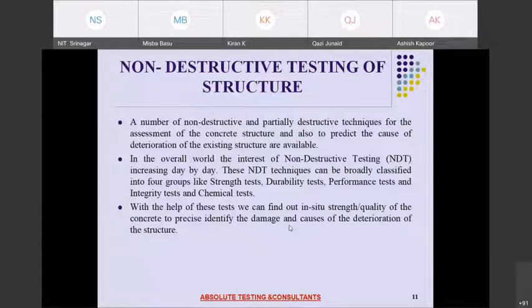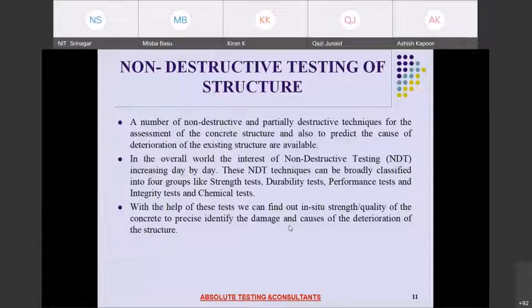Here we find out the present grade of concrete, or we can call it the present strength of concrete. Second is the durability test. Durability in terms of density of concrete, how dense the concrete is, whether there is a development of cracks or not, whether your concrete is homogeneous or not. This type of test comes under the durability test. Then performance test and integrity test and chemical test.